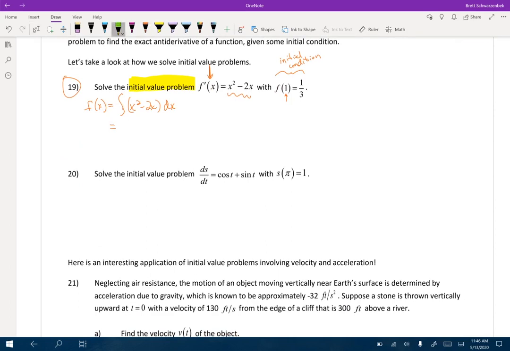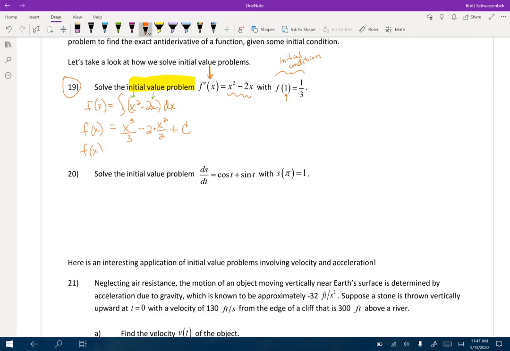It's x to the 1 higher, 3, over the same number 3. Then we go to 2x and we go, all right, there's a constant of 2. What's the antiderivative of x? Well, it's x to the 1, so the antiderivative is x to the 2. Bring down the 2, and then we have to put a plus c on it when we're done. So I'm going to bring this f of x down with us. The only thing left to do is just to simplify.